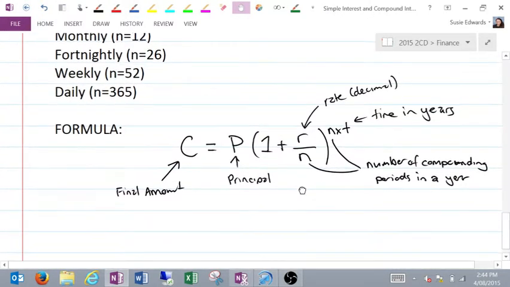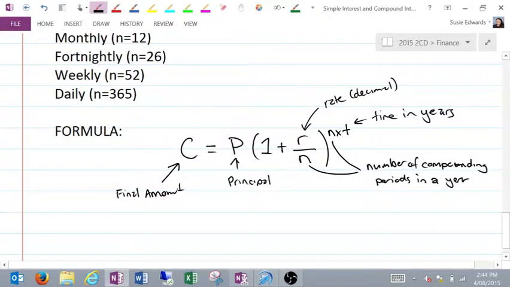Why do you think we divide the rate by the number of compounding periods? So if I said the rate of my loan was 10%, why do you think if it was 6 monthly, I divide it by 2? Yeah? Perfect. The rate is per annum always, okay, in this case. So per annum means per year.